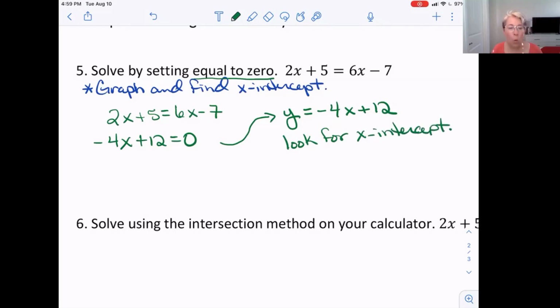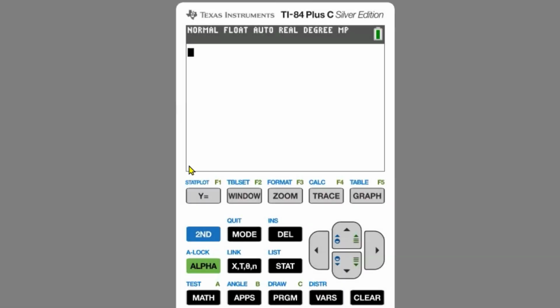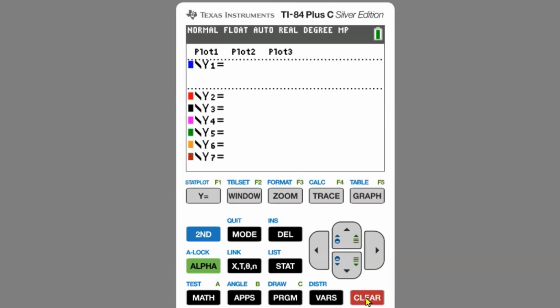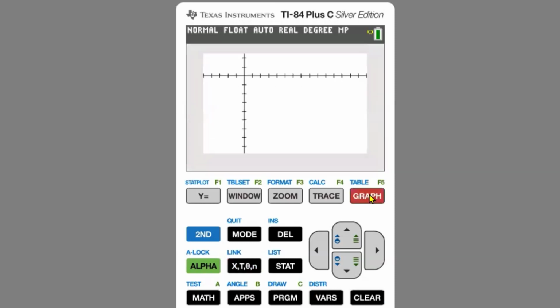In other words, what value of x gives us a y value of 0? So let's plug in our equation, which was a -4x plus 12. And if we were to graph it, we still have an old window up, but that's okay.